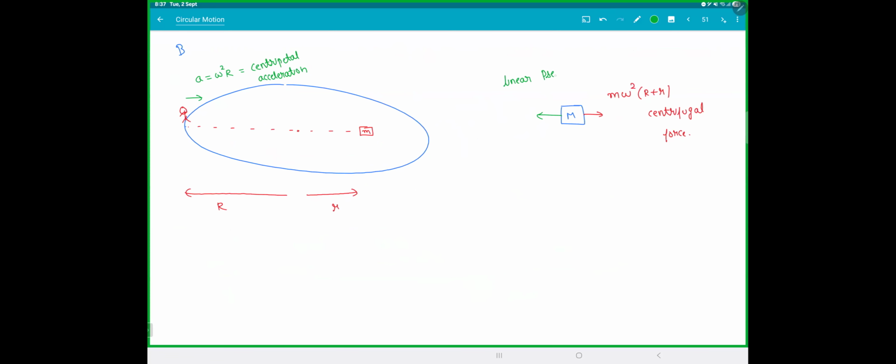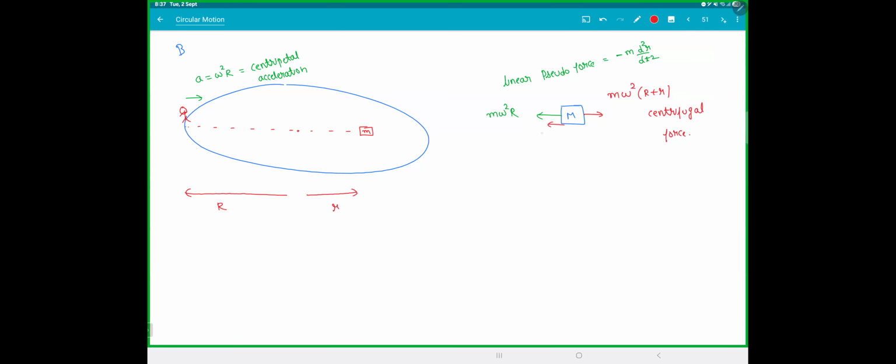That is m into omega square capital R. You're getting it? Mass of the body into acceleration of the observer, in the opposite direction.